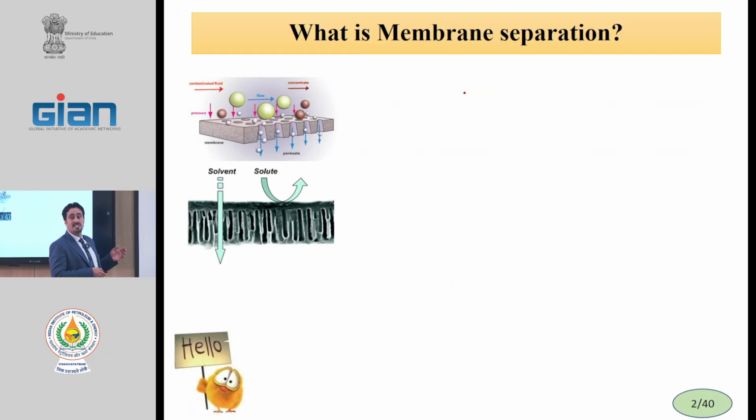A membrane is similar to filters, but different from filters. In filters, we only separate solids from fluids. We separate particles from air, and we separate particles and microorganisms from water with filters. The fluid, the gas or the liquid, passes through the filter, and the solids do not pass.